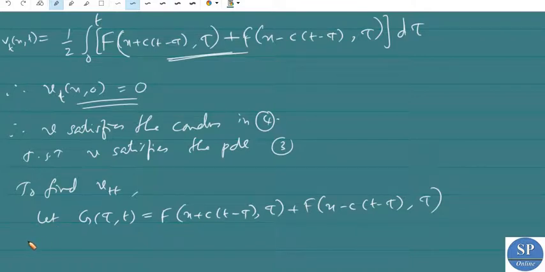Therefore our V_t is nothing but V_t = 1/2 ∫ from 0 to t of G(τ, t) dτ.